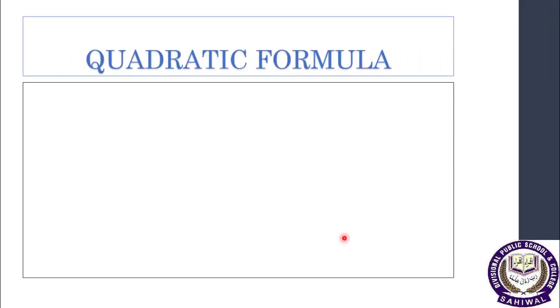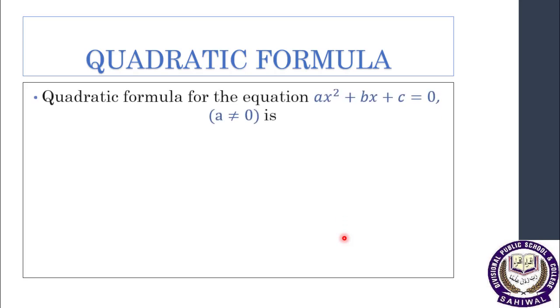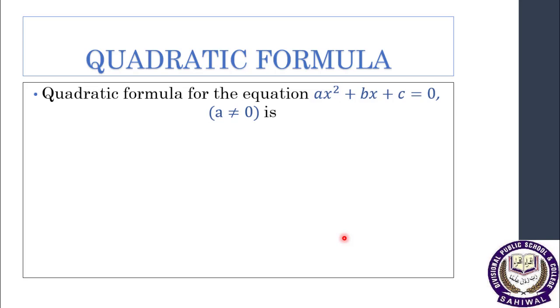We have already discussed the quadratic formula. The quadratic formula for the equation ax square plus bx plus c equal to 0, when a is not equal to 0, is x is equal to minus b plus minus square root of b square minus 4ac over 2a, and a is not equal to 0.